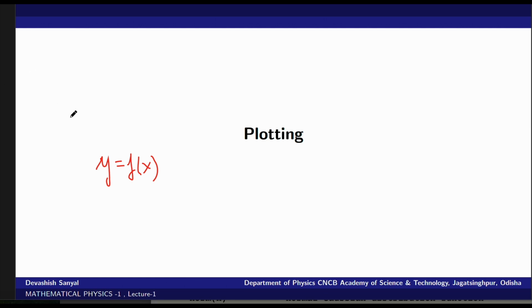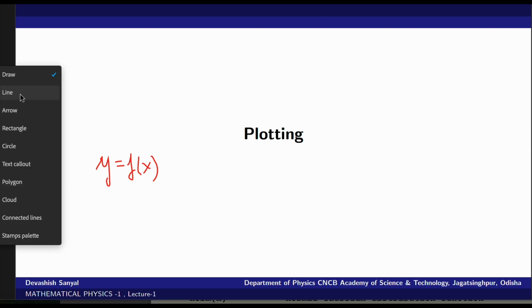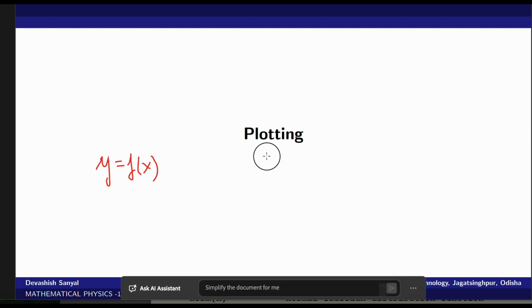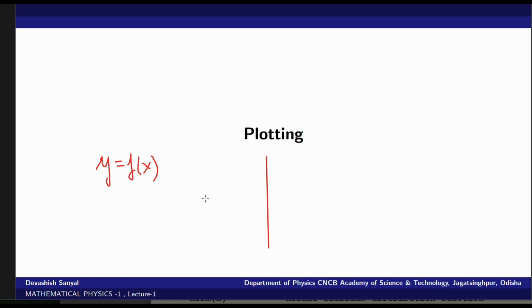So this is my x and this is my y. And y and x are perpendicular.